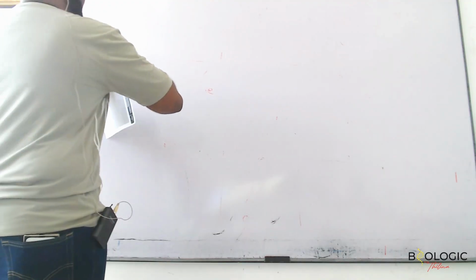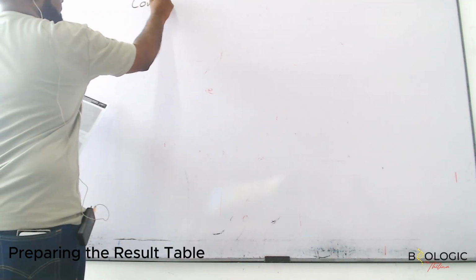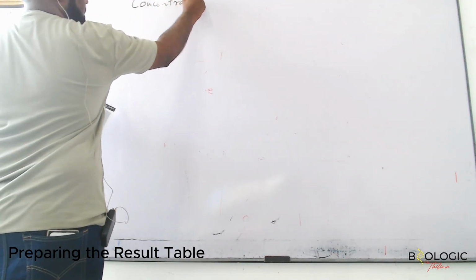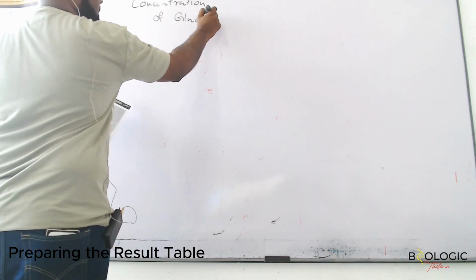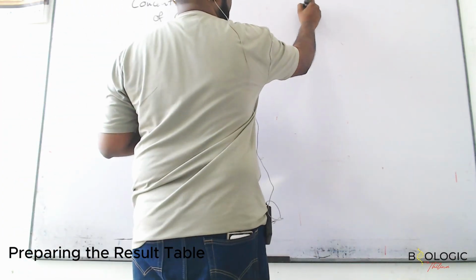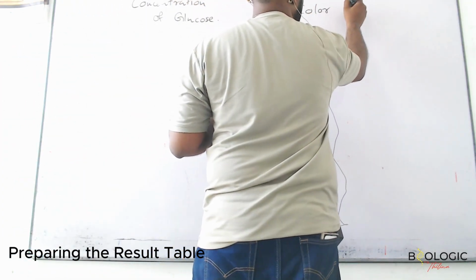Our result table will be concentration of glucose and the color change.